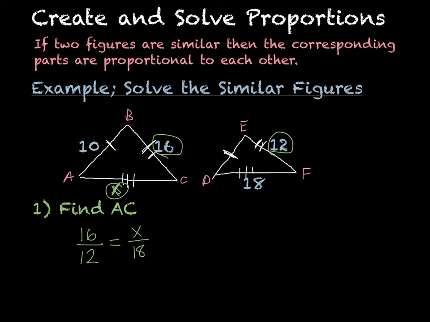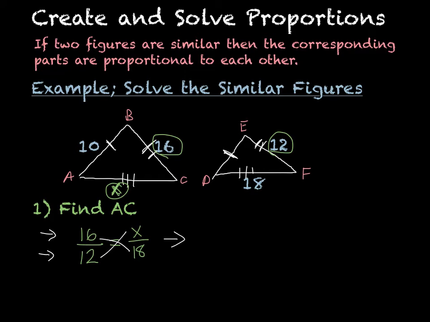Make sure that we have the first triangle on the top and the second triangle on the bottom. That's one way you can do it, or you can stack them both up on the same fraction. Make sure you keep them lined up like that. Then I'm going to cross multiply and divide.